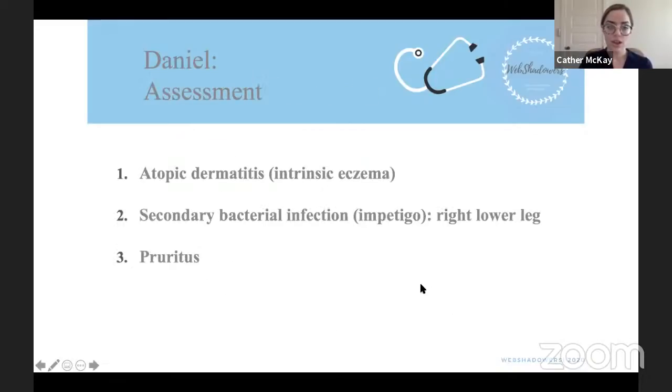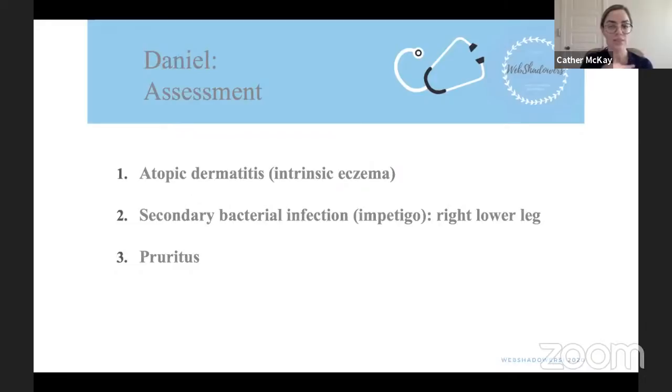So his assessment would be atopic dermatitis with secondary bacterial infection, so impetigo, on the right lower leg, or impetigenized. Impetigo can be just a primary skin infection, super common in kids, but when eczema gets impetigo on top of it, it's called impetigenized.